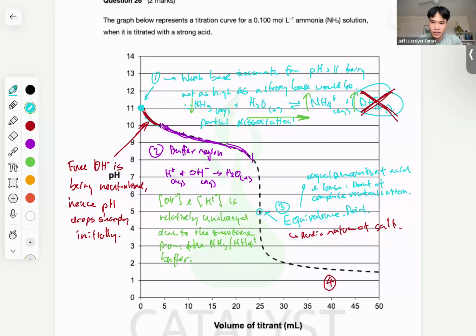Conjugates, strong acid, weak base titration, yes. Okay, weak conjugate base, not quite. We're getting to the right terminology. Yes, we know that it is acidic because the pH is below 7, but why is it acidic is my question. Why is it actually acidic in terms of conjugates?